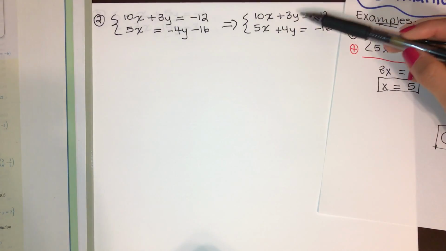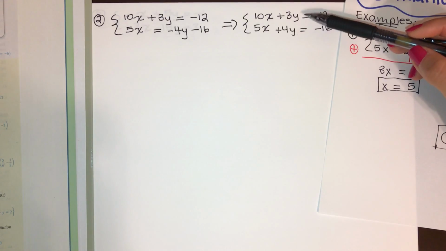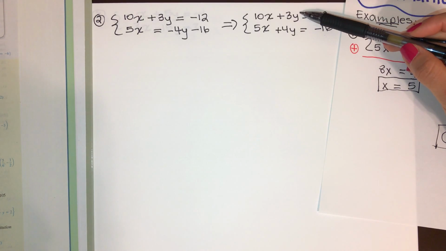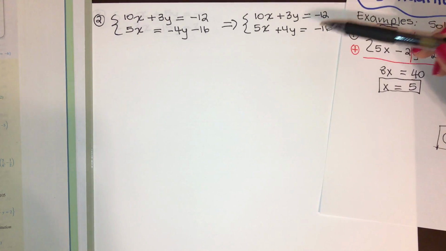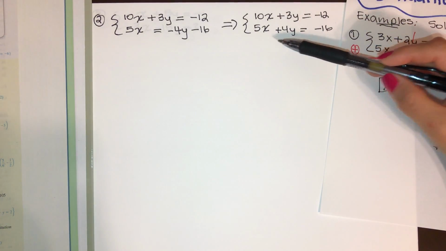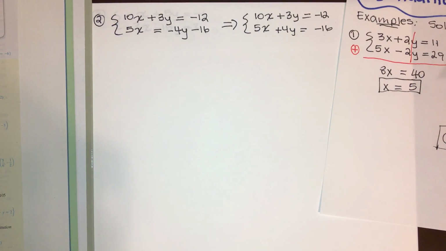If we want to eliminate y, we actually will have to multiply both equations, because there's nothing I can multiply 3 by to get -4, and vice versa. It's easier to eliminate x because I only have to multiply one equation.